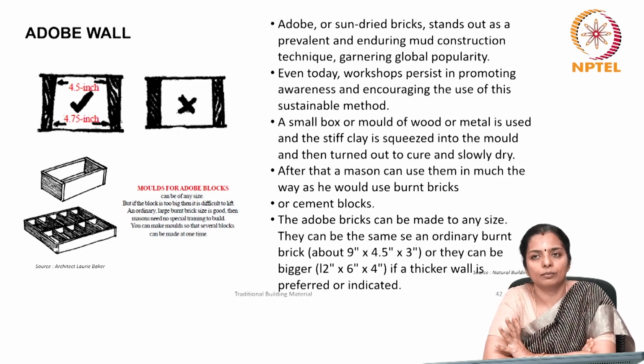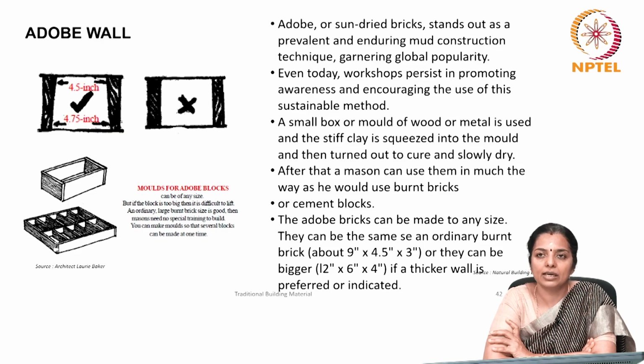If you are doing it on a large scale, you can have metal molds also. And a stiff clay is required, which is squeezed into this mold, and then turned out to cure and slowly dry. After that, a mason can use them in much the same way as he would use a burnt brick or even a cement block.